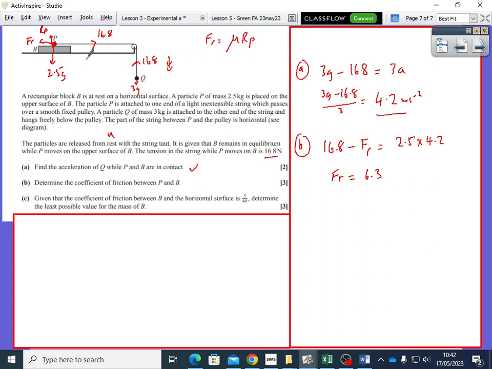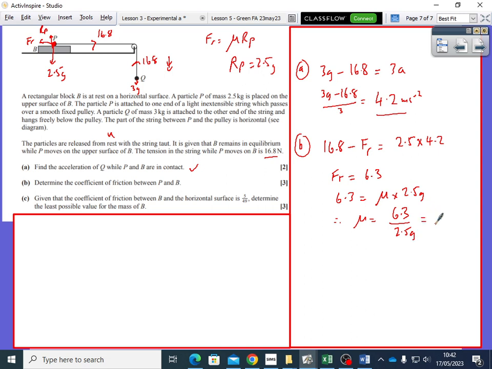Now we know that R of P here equals the weight, which is going down, so 6.3 is going to equal mu times 2.5g, since R of P, the reaction at P, is going to be 2.5g. So therefore, mu is going to be simply equal to 6.3 divided by 2.5g.